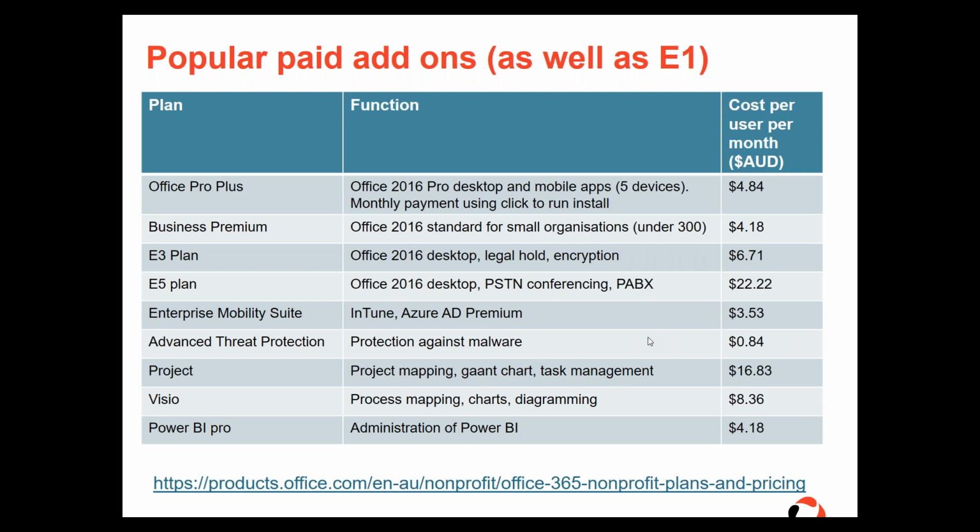So look, these aren't all the paid add-ons, and within your Office 365 tenant, you can actually review these and you can go and see a whole long list of others. But these are some common ones that we see in the sector that I just thought I'd raise to give you an idea. But as you said, there's a link there that you can then click on to go and see the rest of the plans.